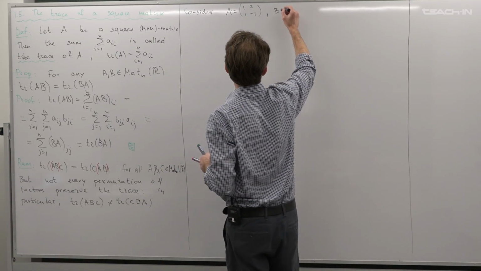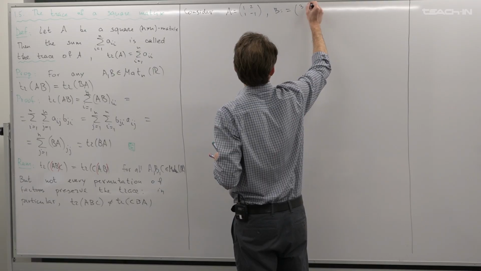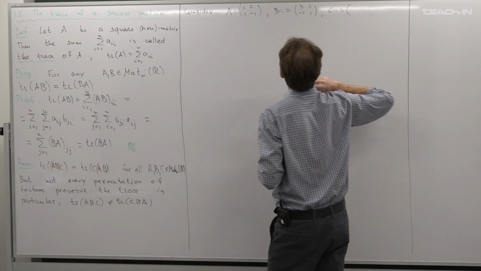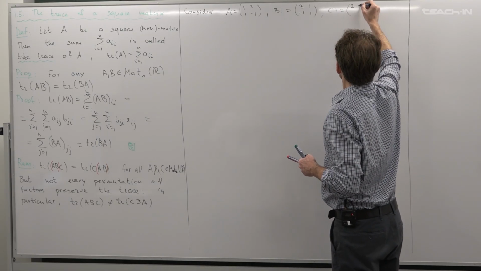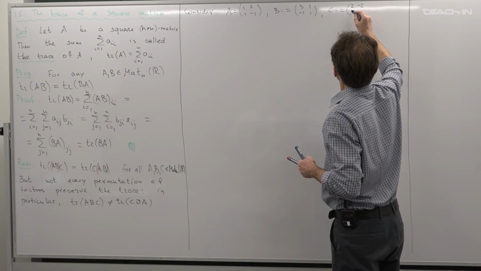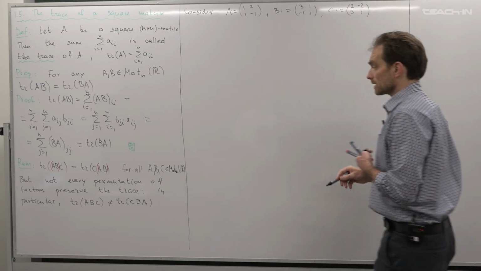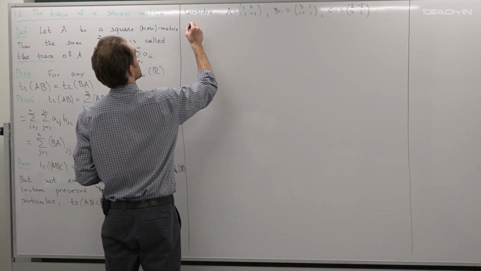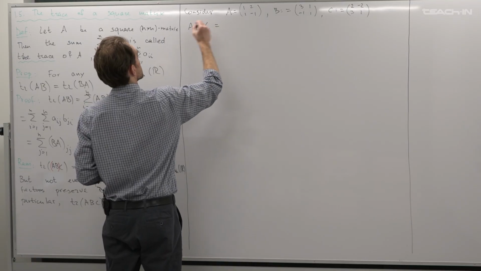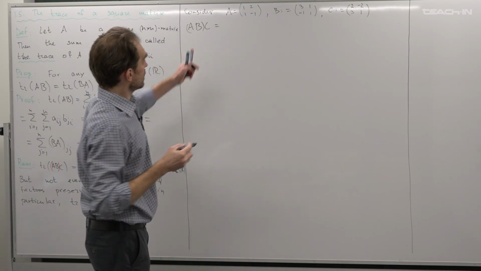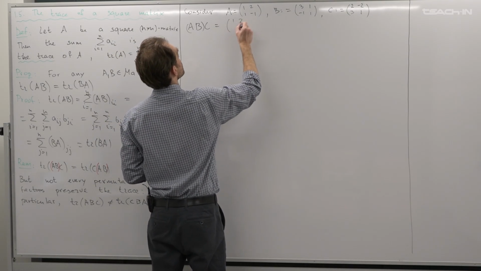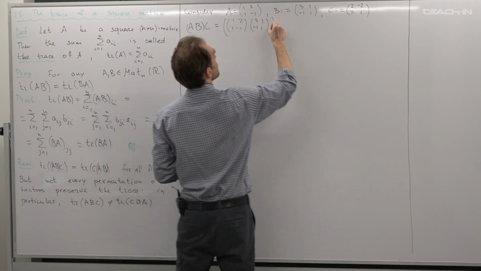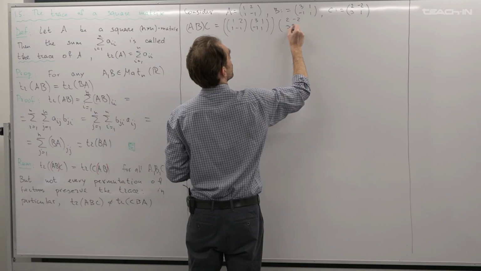B would be 3, 1, minus 1, 1, and C would be 2, minus 2, 3, 1. Okay, and let us try to compute those products. So what is AB and then by C? I'll first multiply these two matrices. So (1, 2, 1, minus 1) by (3, 1, minus 1, 1), and then multiplied by (2, minus 2, 3, 1).